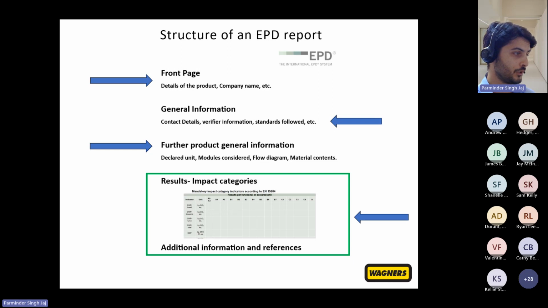It will also have declared units, what sort of quantities are used to calculate the emissions. Can be in kgs, can be in meters or cubic meters. What sort of modules are considered, what sort of material content is there. And at the last, you will have some sort of table that will have some numbers inside. And that can get a bit overwhelming if you see it at first sight. But trust me, it's really simple and straightforward.